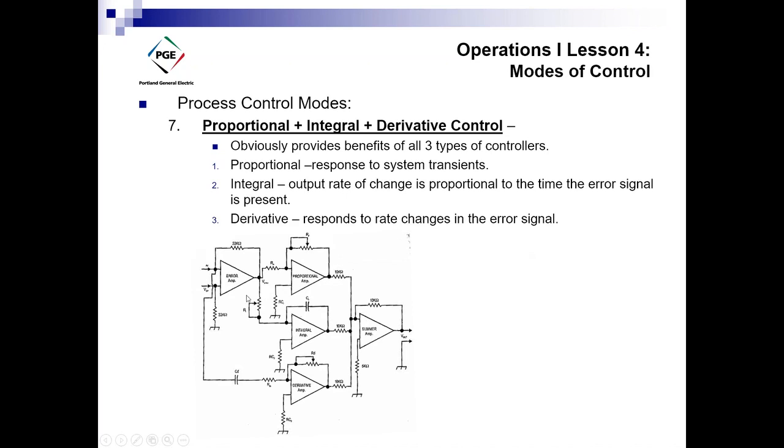So here's what you may see. This is an electronic circuit, but I could have probably just drawn a simpler diagram. So here you have your error signal, and that goes to your proportional, integral, and derivative amplifiers. And then those signals, depending on what's going on, go to a summing amp.